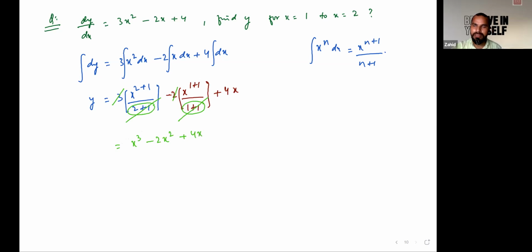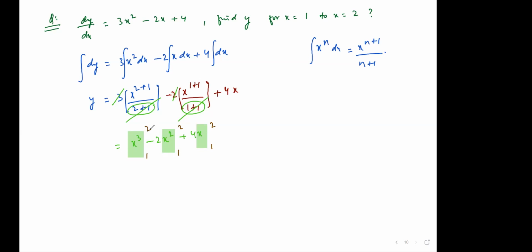Now put the limit to each term, from 1 to 2.